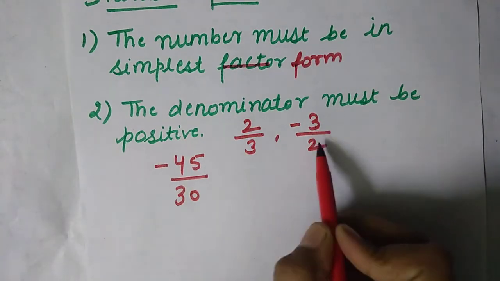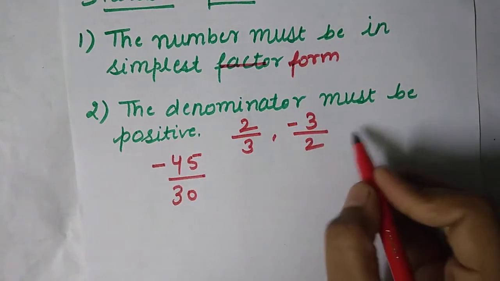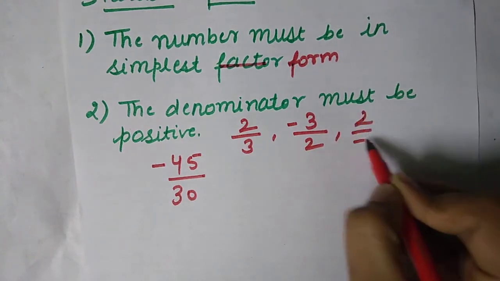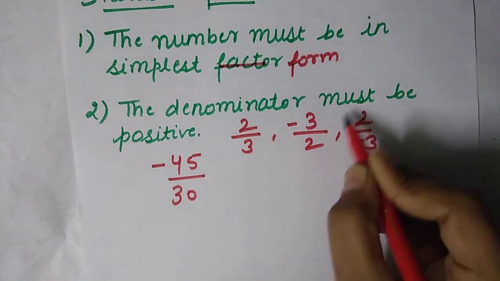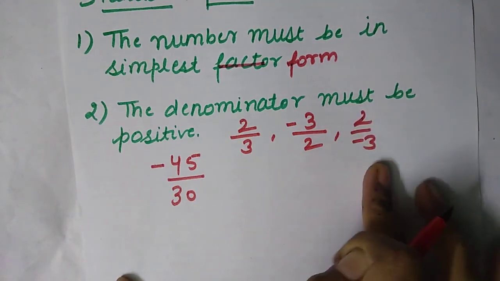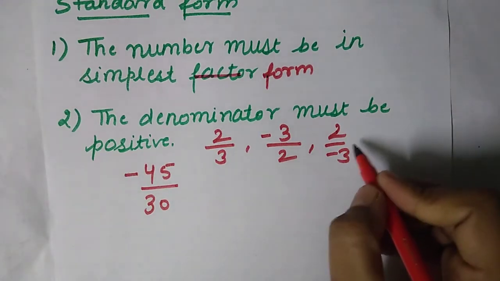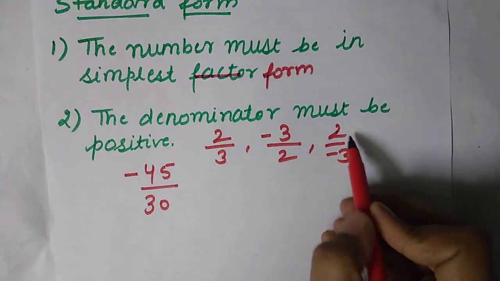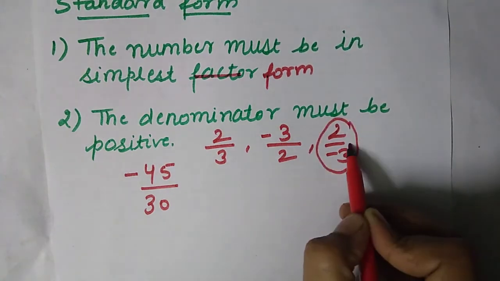If I write 2 over minus 3, is it a rational number? Yes, this is a rational number, but this is not in standard form. I will tell you how to write the numbers in standard form, but this is not the standard form of a rational number.